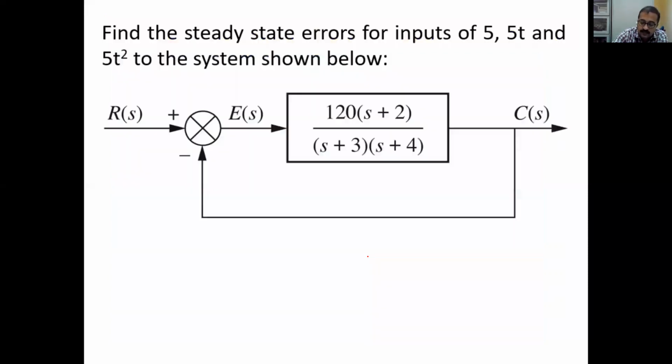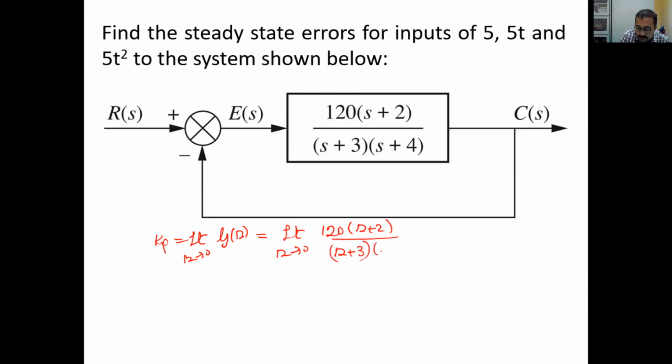Let us take up one example. Find the steady state error for inputs of 5t and 5t square to the system shown below. So it is a type 0 system, right? So how will you find Kp? Kp is limit s tends to 0 of G(s)H(s) or G(s). So that means limit s tends to 0 of 120 into s plus 2 divided by s plus 3 into s plus 4.